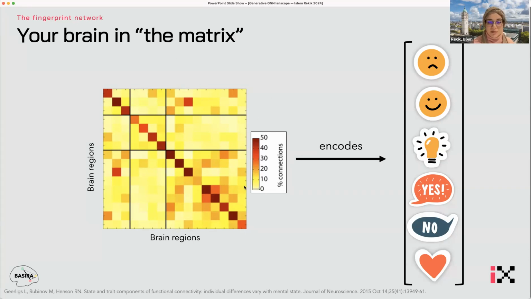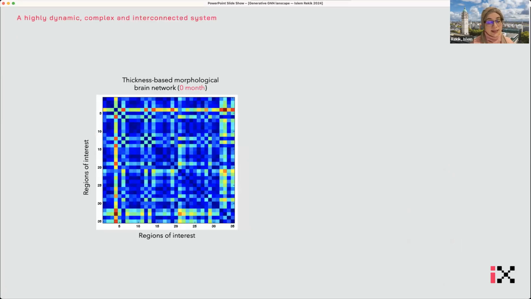So your brain in the matrix is your fingerprint, and there have been a lot of studies that showed that the brain connectome or the brain graph fingerprints each one of us. So this is, for example, a beautiful, colorful connectivity matrix, an adjacency matrix of the brain graph, that shows us the dissimilarity in morphology between different cortical regions.